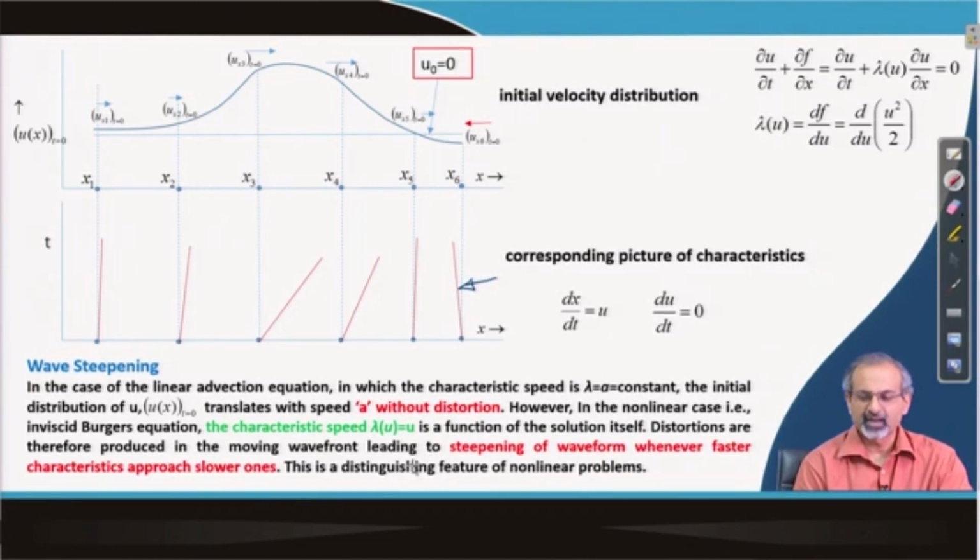Remember that if this is the velocity distribution we have initially and we are solving the inviscid Burgers equation, then point to point these differences in velocities would have an influence on each other, because this velocity distribution will not get translated at the same wave speed a, like it happens in the linear wave equation, but rather they can interact with each other in the inviscid Burgers equation.